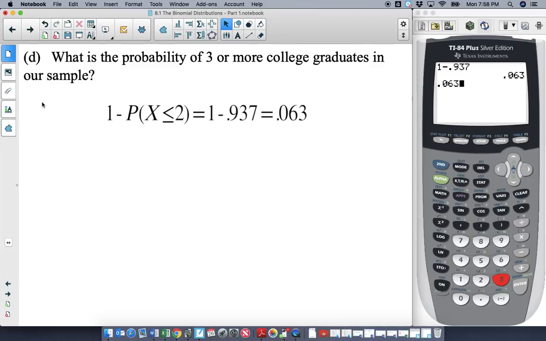All right, that is it for day 1 of 8.1 binomial distributions. We will finish up 8.1 on Monday, and then we'll move on to 8.2 Tuesday and block day, and then I think I've got review Friday and the following Monday, and then our chapter 7 and 8 test on Tuesday.